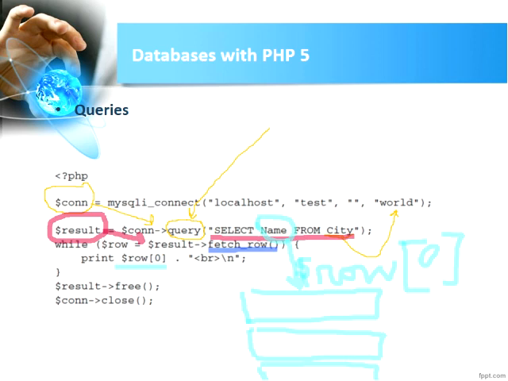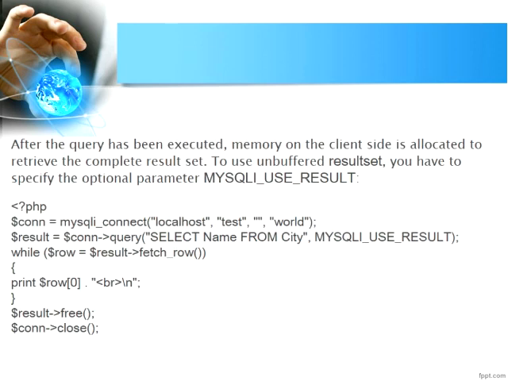So to extract rows from the result, there are many manners. Here, when we specify MYSQLI_USE_RESULT, what's the meaning of this parameter? So when we write result equals con query, select name from city, and after that comma, MYSQLI_USE_RESULT. What's the meaning of this parameter?